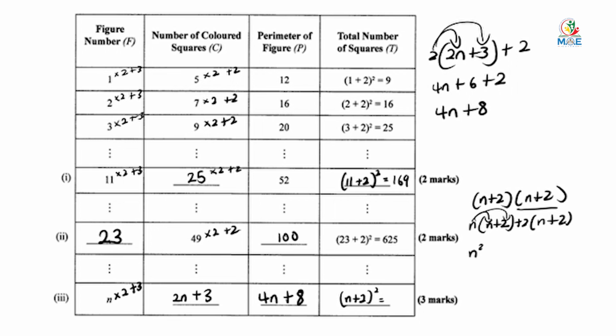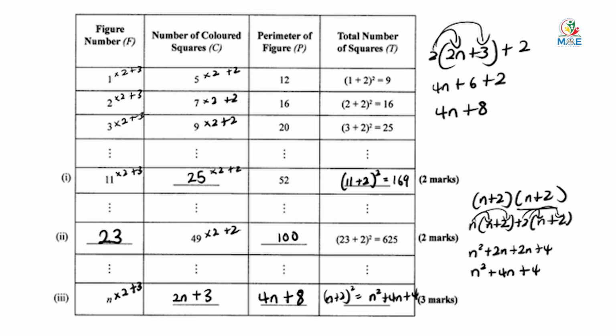And n times 2 would be plus 2n. And 2 times n would be plus 2n. And 2 times 2 would of course be plus 4. And this will simplify to n squared, plus 2n plus 2n gives plus 4n, plus 4. So n plus 2 squared would be equal to n squared plus 4n plus 4.